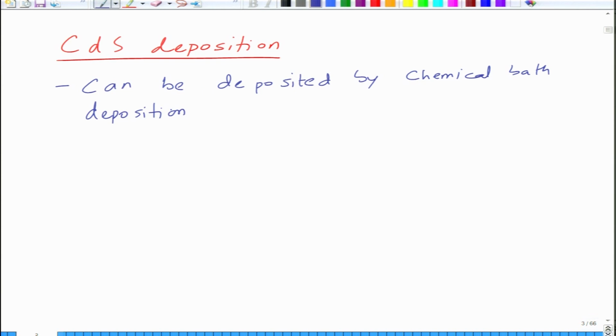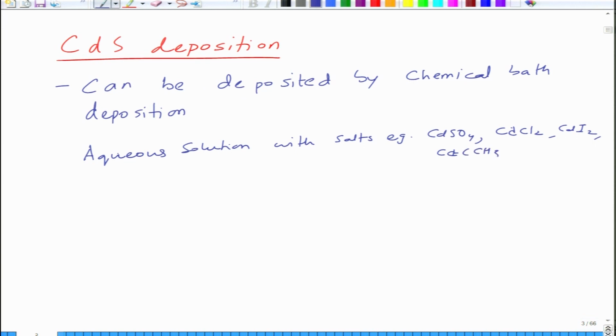Essentially you have an aqueous solution with salts of cadmium, such as cadmium sulfate. You can have cadmium chloride as well, and cadmium iodide, cadmium acetate, etc. So, these are the salts of cadmium.